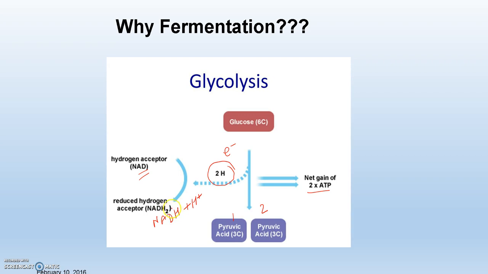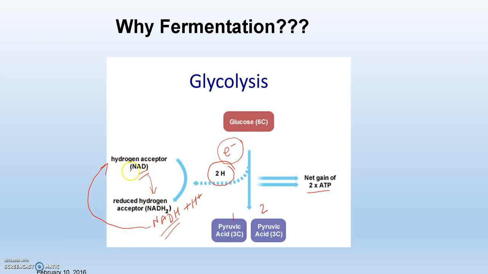Anyway, these are just temporary storage areas, you need to understand, where these high energy electron carriers are accepted. So we are going to soon run out of NAD if all the NAD is converted into NADH. Later on, you remember, this is reconverted back in the mitochondria, during the Krebs cycle and the electron transport chain.